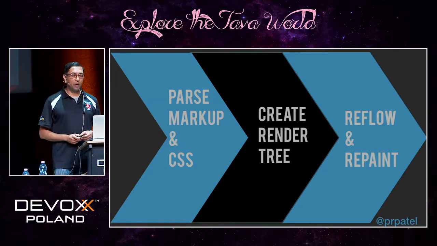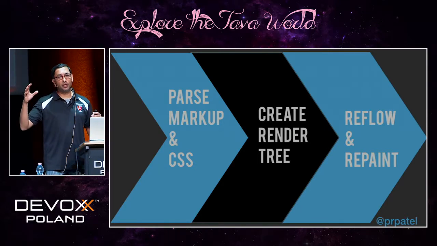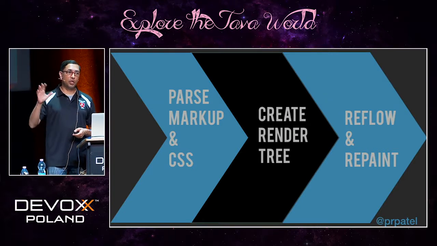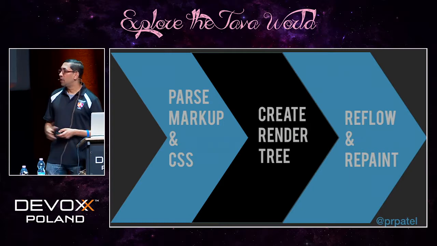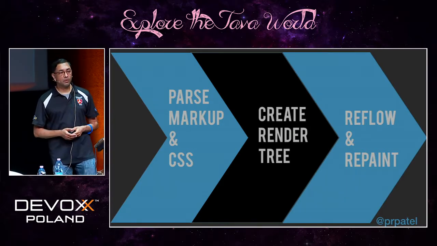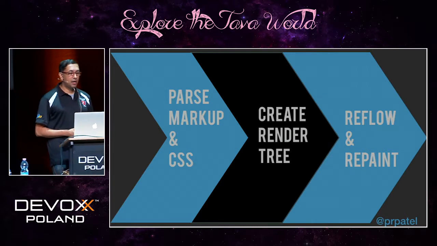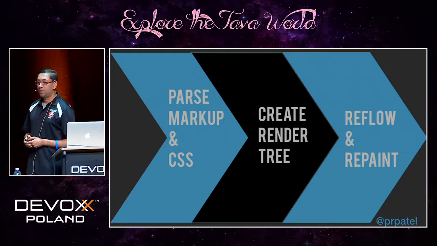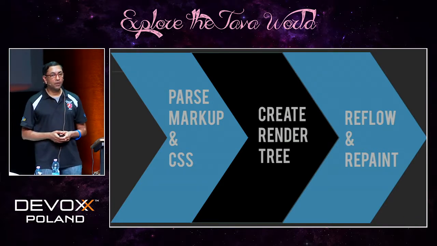Once it has that render tree, it has to figure out how to position it, i.e. how it flows into the page, and then it has to actually show it or paint it. And of course, when you do an in-situ update, you're going to do a reflow and repaint. So these are the three major steps in any web browser update, whenever a web browser has to make some kind of change to show to the user.